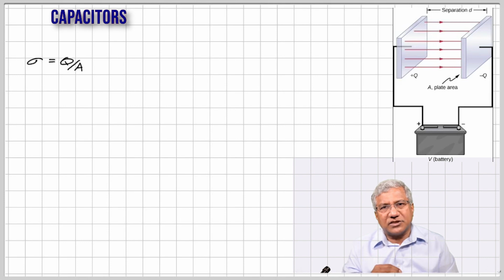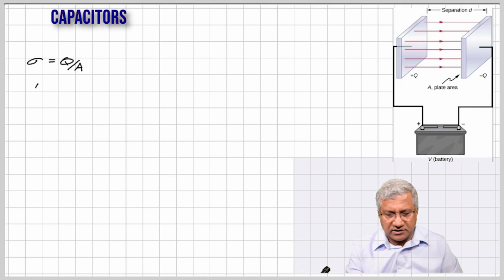So when the charge on both the plates is the same in magnitude, we can define the surface density of charge, sigma. Sigma is charge by area. So that's what you see. Sigma is Q by A, and sigma is the same in magnitude for both the plates.